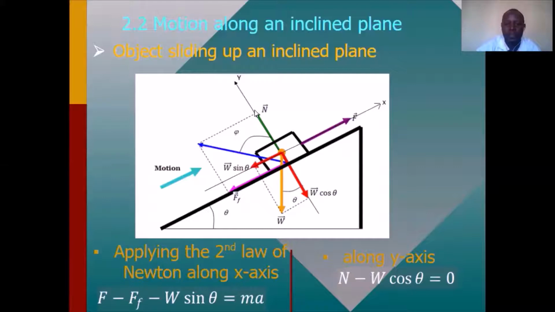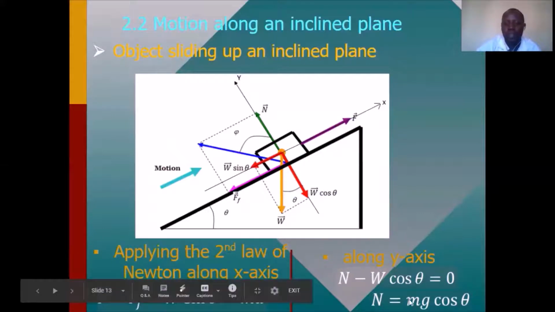The object is moving in x direction, but not in y direction. So from here, we are going to get the value of the normal force. The normal force is equal to mass times acceleration due to gravity times cosine of the angle theta.